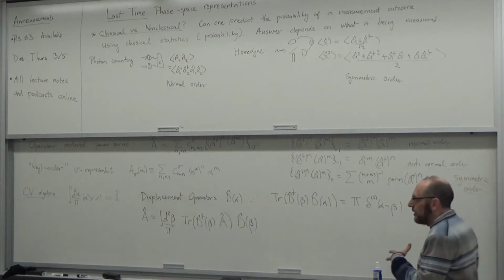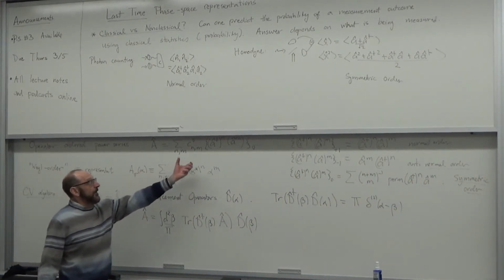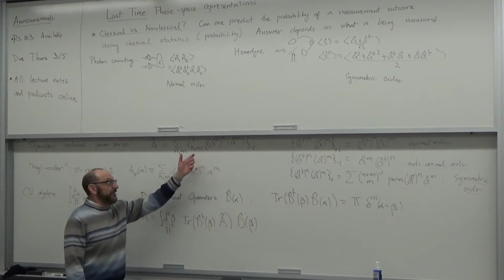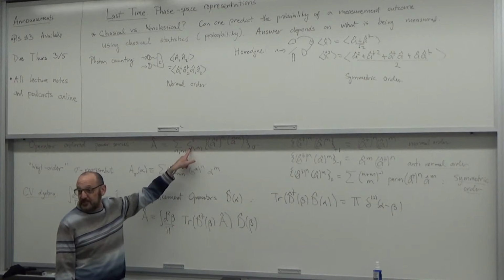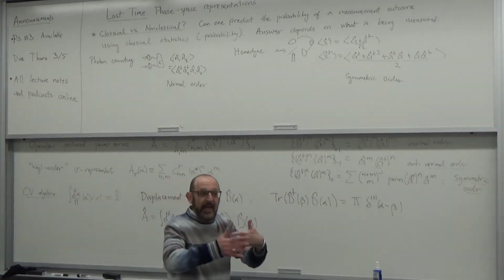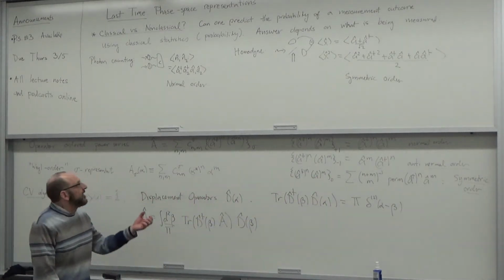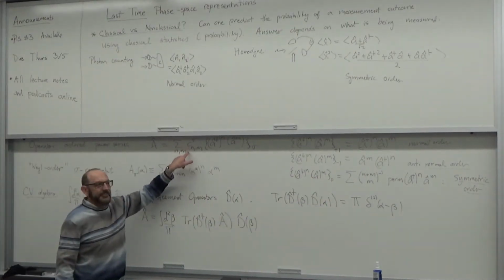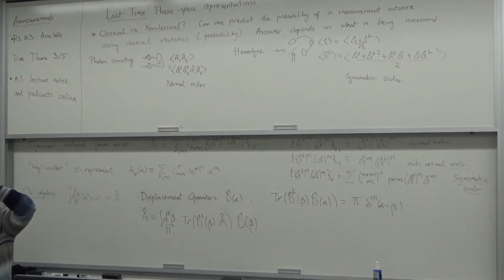And importantly, this sum is the same for all these different orders, okay? These coefficients will be different for all those different orders, but the sum adds up to whatever operator we have. So there's a different set of coefficients in this power series depending upon what ordering we're taking, okay?